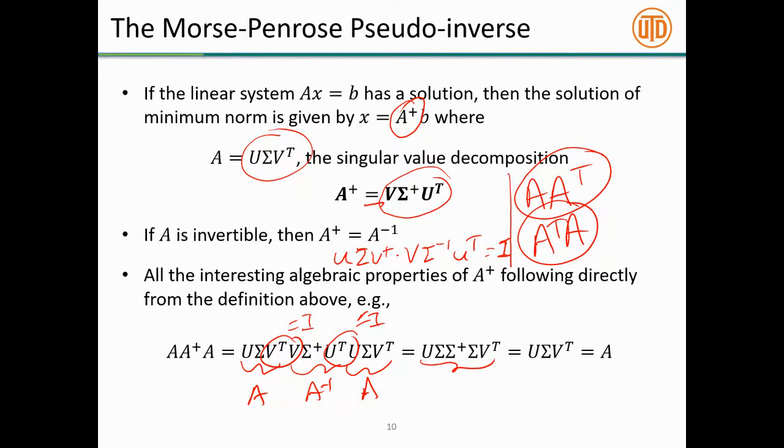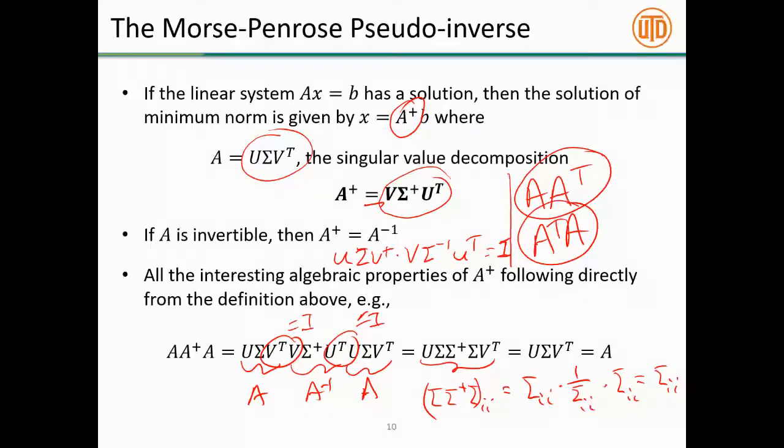But by the same argument, multiplying these diagonal matrices together, the ith entry of this product should look like sigma_ii times 1 over sigma_ii times sigma_ii, whenever sigma_ii is not equal to 0. So this thing is equal to sigma_ii whenever sigma_ii is not equal to 0, and it's equal to 0 otherwise, which means that the ith entry here is literally equal to sigma_ii. And so when I multiply these things up, I get a diagonal matrix that's just equal to sigma.